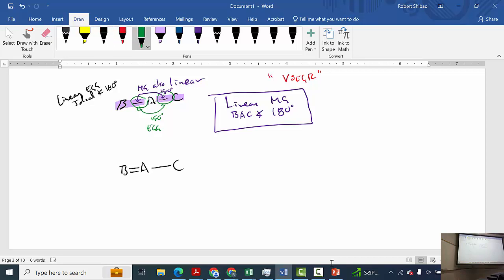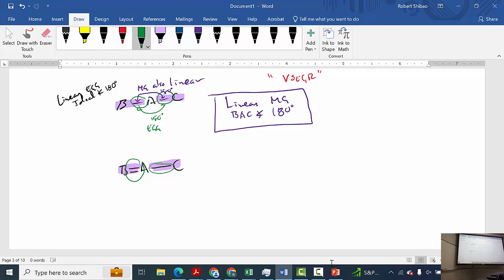Let's say in this case we have a double bond here. Double bonds are shorter than single bonds. So what's the EGG? Linear. What's the MG?